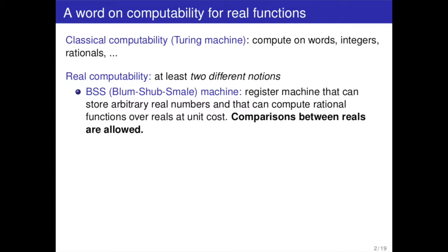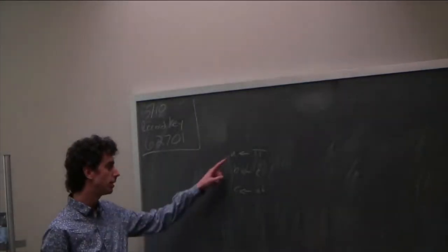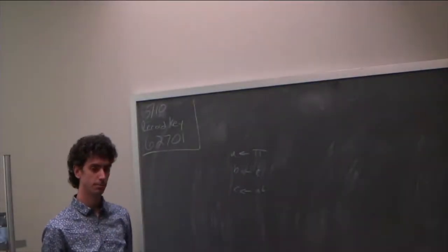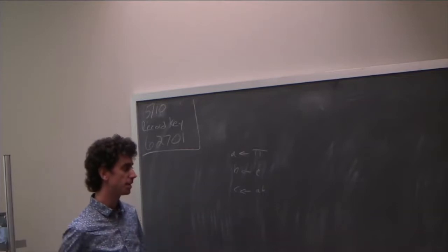And on top of that, you can compute arbitrary rational functions over real numbers at unit cost. So for example, you could write A equals pi, B equals e, C receives A times B. This program has running time three. It takes 3 instructions, they're all unit cost. Okay, so this is the BSS model.